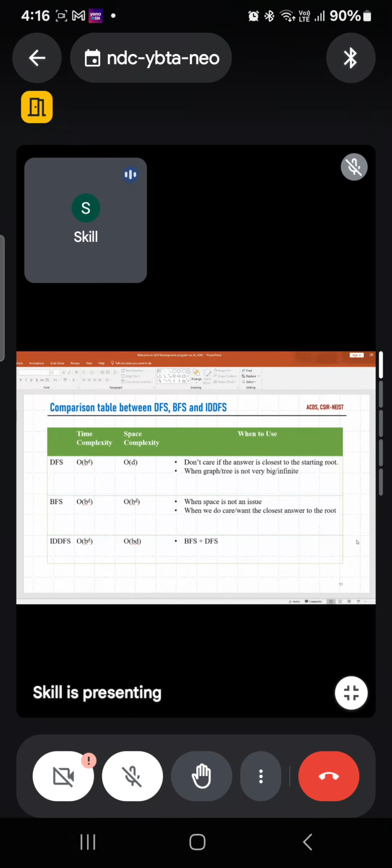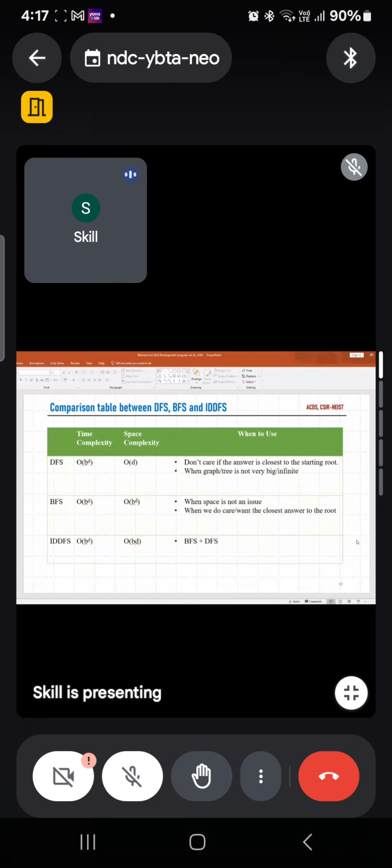Then for BFS, the time complexity is written as order of b to the power d, same as the time complexity of DFS, as in BFS, nodes are explored level by level. So I have discussed in the previous examples also how BFS and DFS are together both used in IDS.